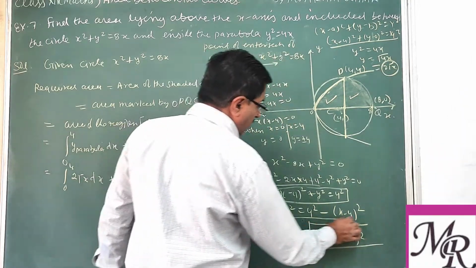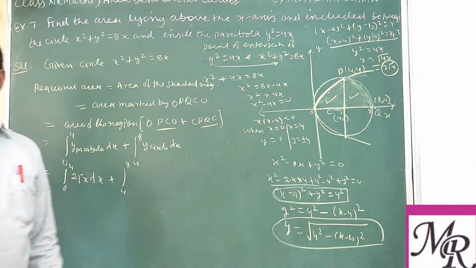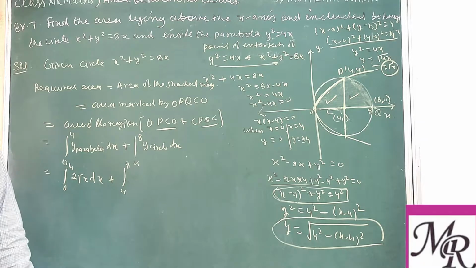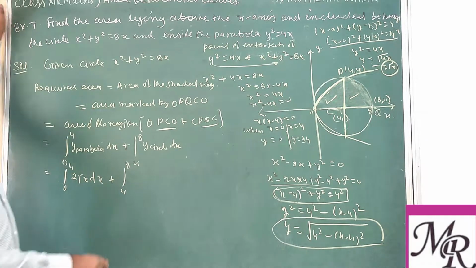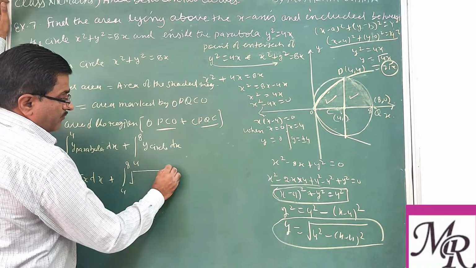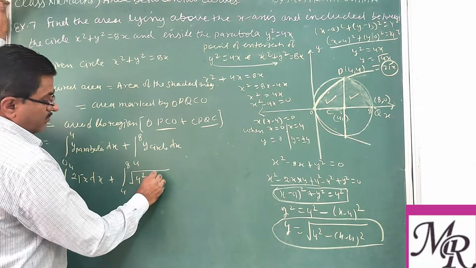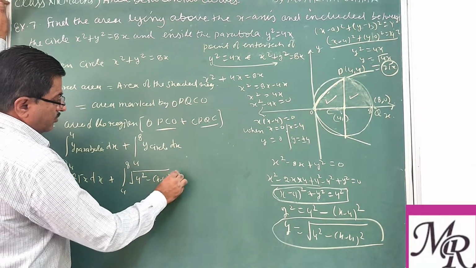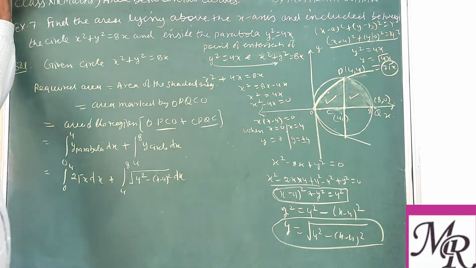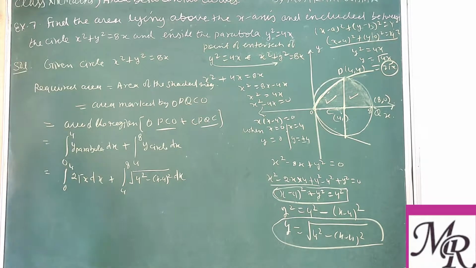This is the value of y for the circle. Then we have to put values: root of 4 square minus (x minus 4) whole square into dx. Now put these values and simplify.